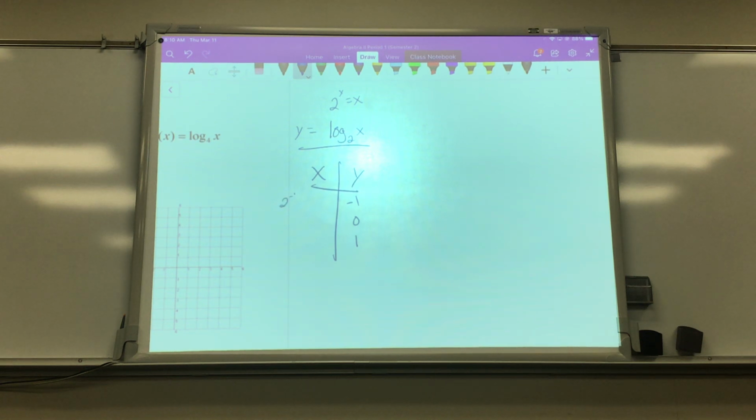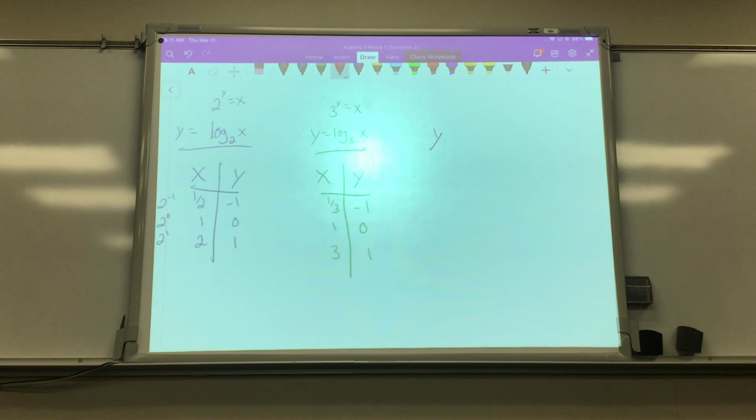We're saying 2 to the negative first, 2 to the 0, 2 to the first. So 1/2, 1, 2. Log base 3: it's 3 to the y equals x, y values negative 1, 0, 1, so x values 1/3, 1, 3.